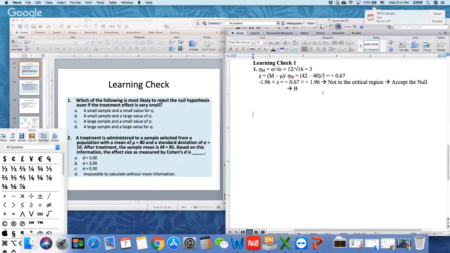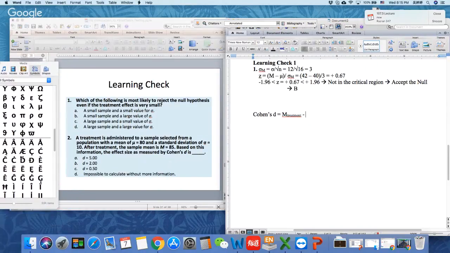Cohen's d equals M treatment minus mu no treatment, in parentheses, divided by sigma.